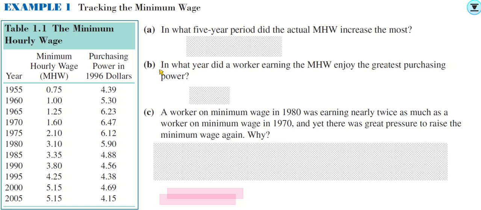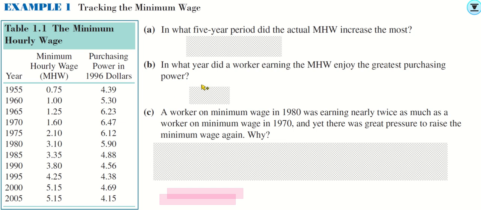Question A. In what 5-year period did the actual minimum wage increase the most? So would that be from 1955 to 1960, or from $1 to $1.25?